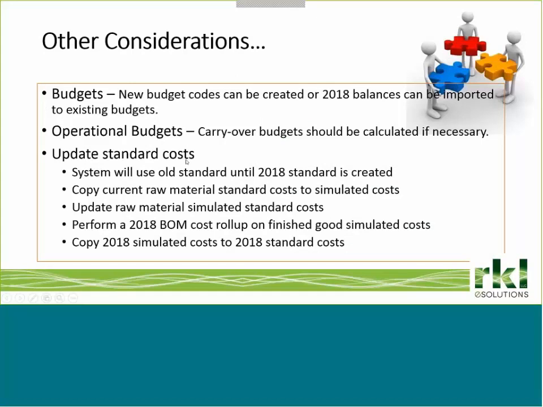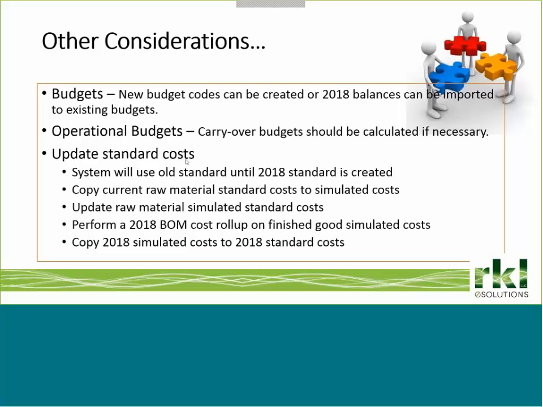So some other considerations when you're closing out the year for budgeting. You can set up new budget codes for 2018, or you can just import 2018 balances to the existing budget codes, or you can just set up a new version for 2018. It all works.